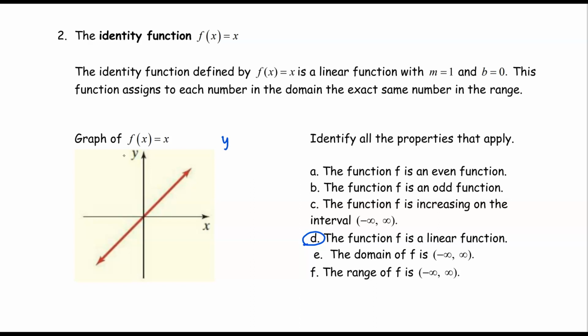Note that if I evaluate f at negative x, this is equal to negative x. So that is equal to negative of f of x. So this function here is an odd function. Or you can also say that the point negative x, negative y is on the graph of the function here.